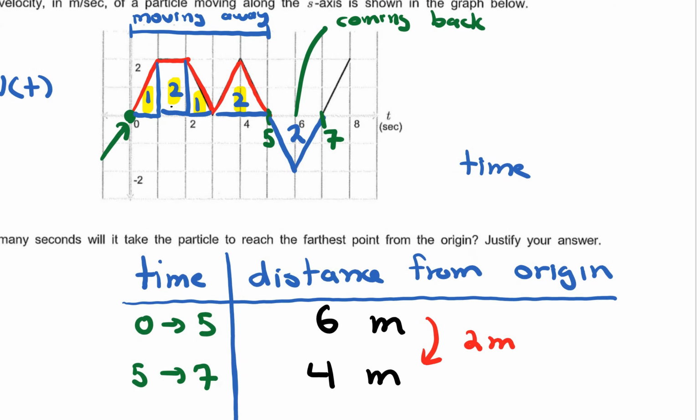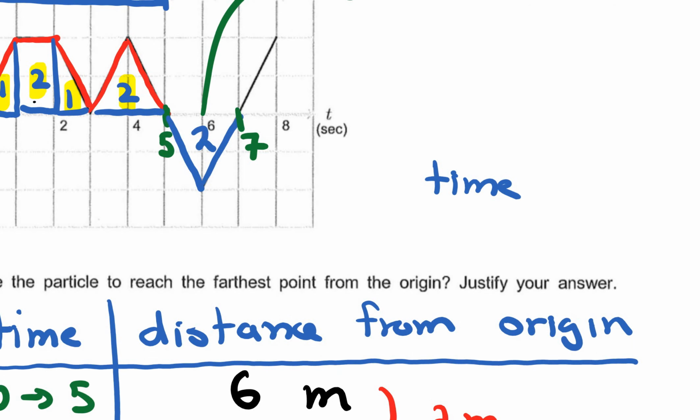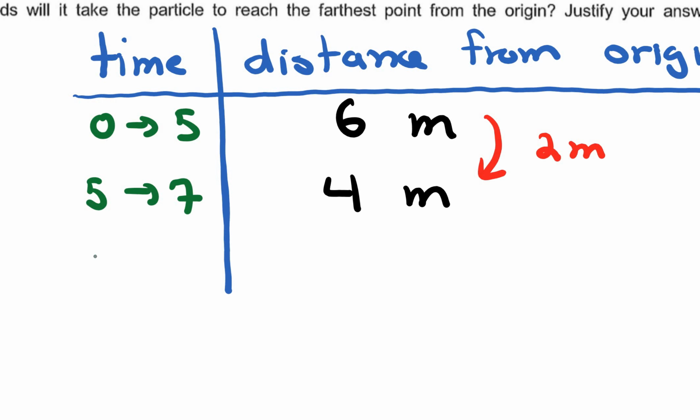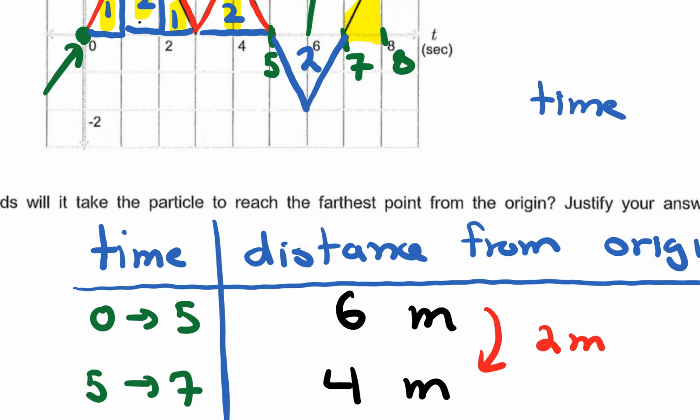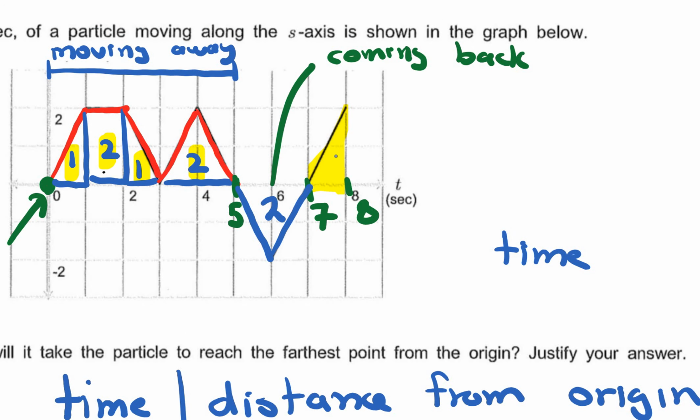And then finally, if I take a look at this last part, if I go from 7 to 8 seconds, which is this region right here, what's happening from 7 to 8 seconds? Well, from 7 to 8 seconds, we are now moving away from the origin because we're above the x-axis.